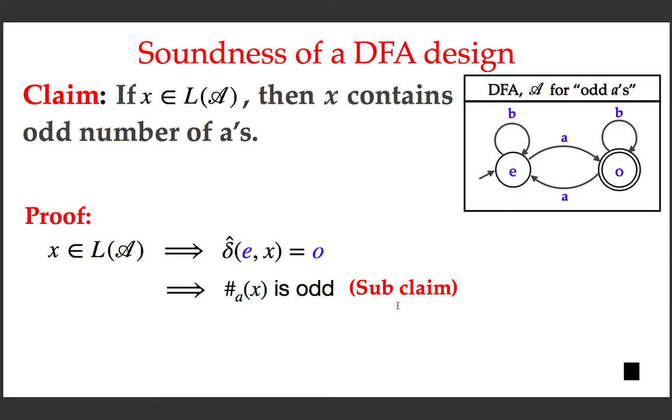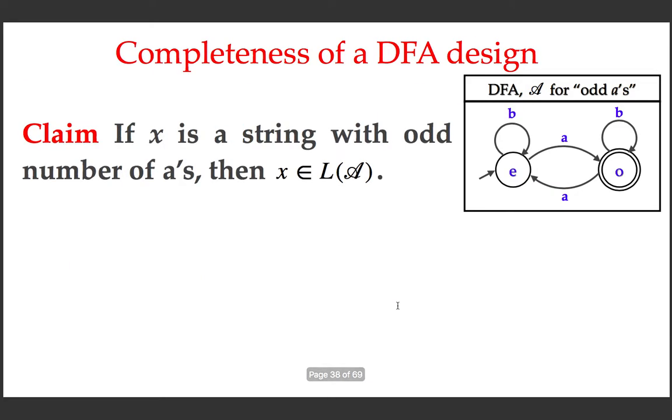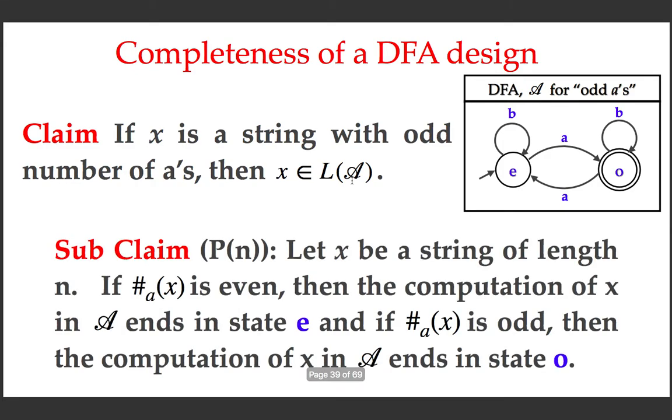Okay, and now the second one, which is completeness. What is completeness? If you recall, completeness means if x is a string with an odd number of a's, then you have to prove that x is in the language. So how will you prove it? Again, we are going to use a subclaim. What is the subclaim here?